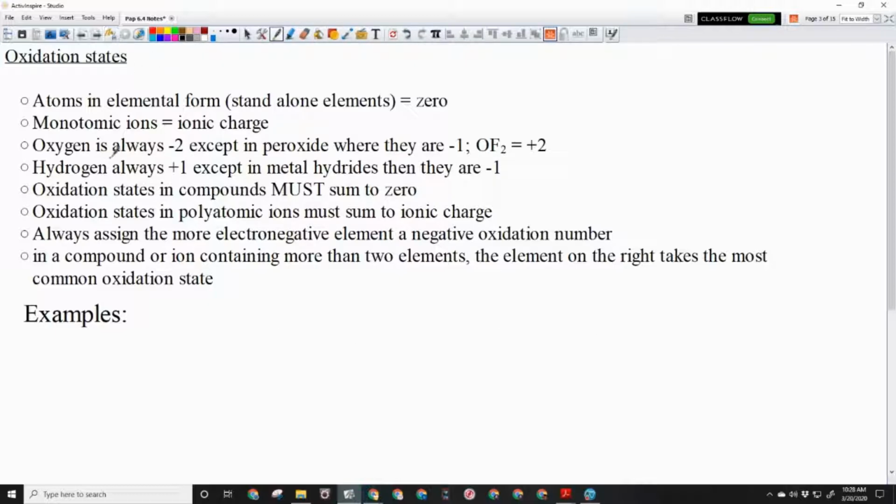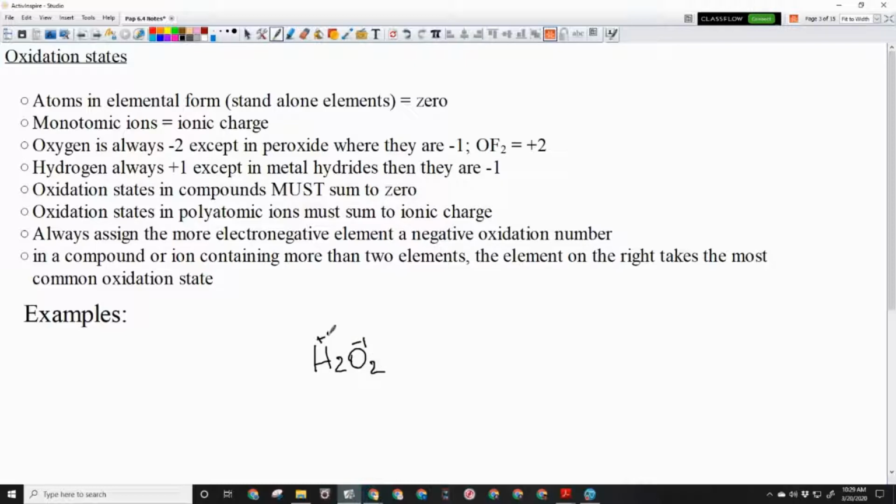All right, so the third one: oxygen always is a -2, except when it's in a peroxide, where it's a -1. So like hydrogen peroxide, H2O2. This is the polyatomic ion peroxide, so here the oxygen is going to be a -1.